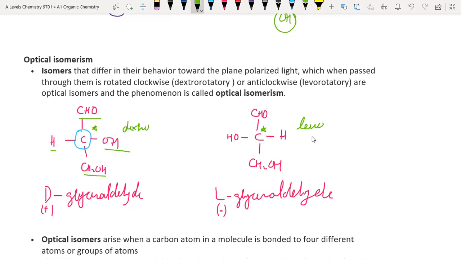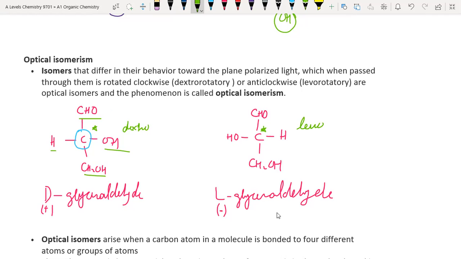And such a phenomenon of showing different behavior toward plane polarized light is called optical isomerism. Here is the example of glyceraldehyde. This glyceraldehyde is dextrorotatory. This is levorotatory.